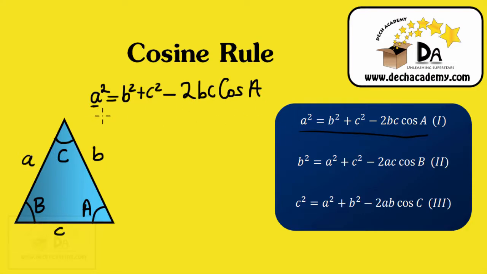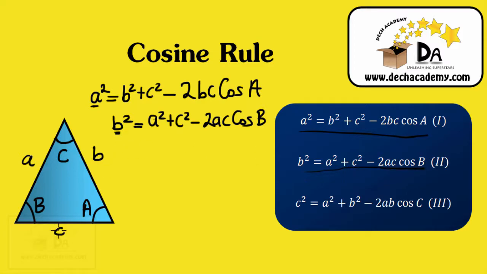The cosine rule also tells you that if you're looking for what b squared is, b squared is equal to a squared plus c squared, where a and c are the lengths of the other sides, because we picked the side with length b as the side we're focusing on. So b squared is equal to the sum of the squares of the other two sides, a squared plus c squared, minus 2 times a times c times the cosine of the angle opposite the side of length lowercase b, which is B. And that's the same thing here.